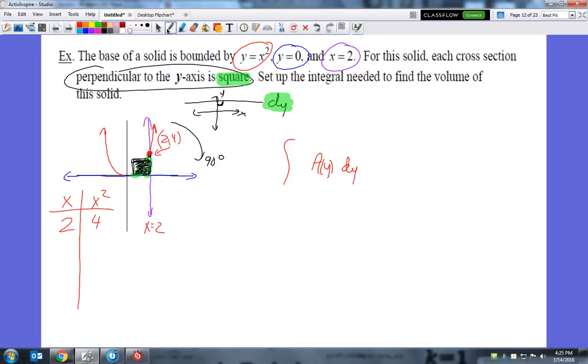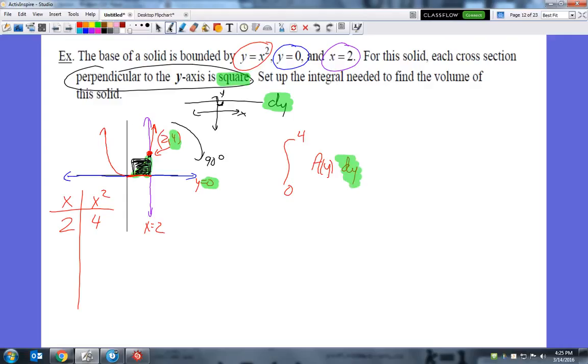So from y is equal to 0, all the way to 4, as we did in an example in the area notes last day, is going to be the low to high. Because you're in respect to y, you're looking at the y values.